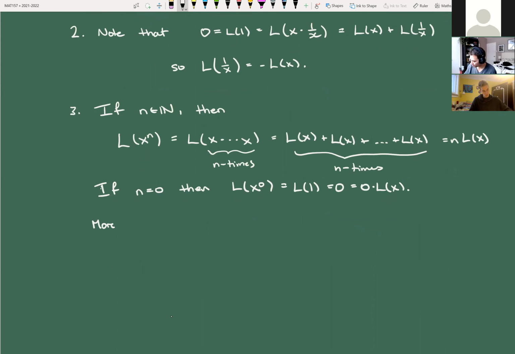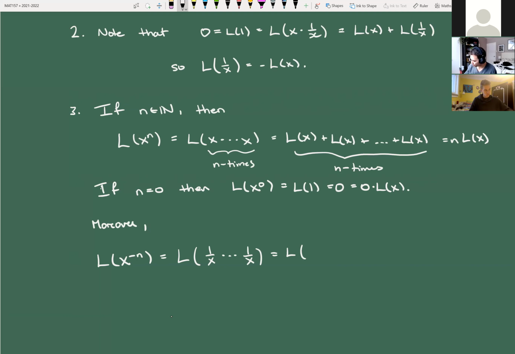Moreover, L of x to the negative n, right? So instead of saying let n be an arbitrary integer, I'm just going to do all the integers by doing the positive naturals, the negative naturals, and 0, which is the same thing. And you can see what's going to happen. This is just 1 over x times 1 over x a bunch of times.